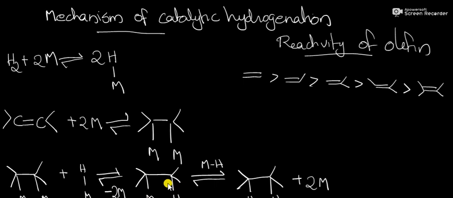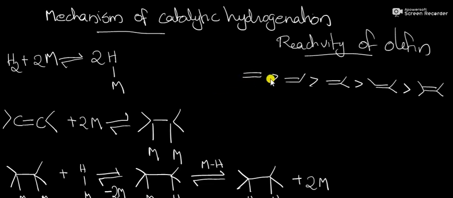Again it reacts with another chemisorbed hydrogen atom to give a saturated compound having two hydrogens. That is the mechanism of catalytic hydrogenation. And the most probable addition is syn addition, since it is a surface phenomenon.